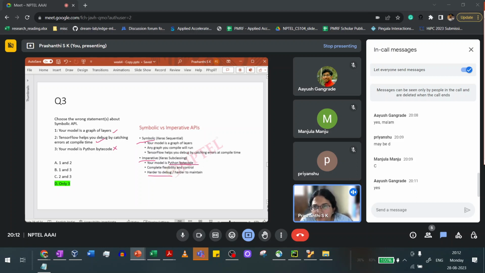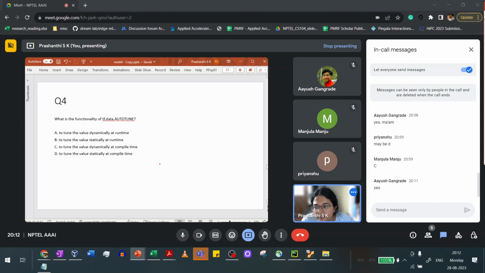Okay, let's move to the next question. What is the functionality of tf.data.AUTOTUNE? Tune the value dynamically at runtime, tune the value statically at runtime, dynamically at compile time, statically at compile time.